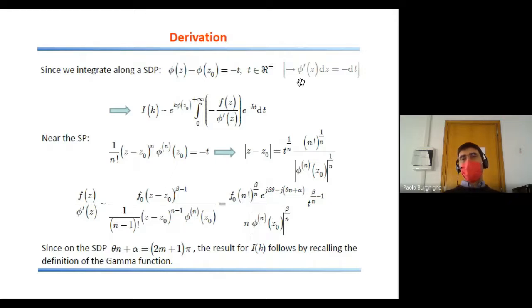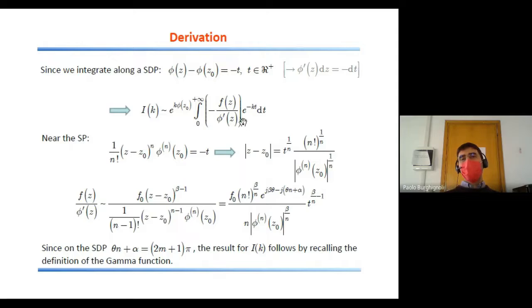Of course, the Jacobian can be evaluated by differentiating, so we have phi prime of z dz is equal to minus dt, okay? And this produces the new integrand in which we have minus f divided by phi prime, where z, of course, is implicitly a function of the new variable t.